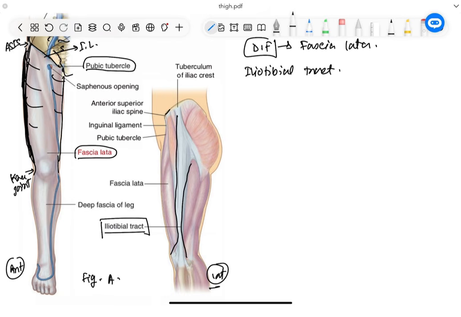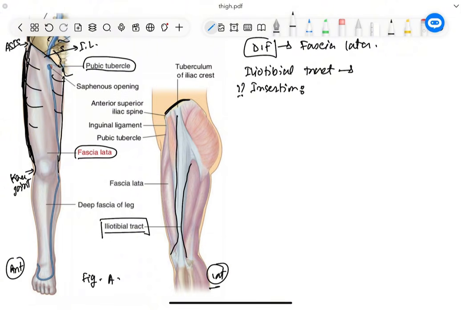Superiorly, of course, it will be attached with the iliac crest area and it will be split to cover two muscles. This is a very important point. This iliotibial tract will be covering two muscles, and the insertion of two muscles will be here. So, in MCQs or in a viva, we can ask you what are the two muscles inserted into this iliotibial tract.